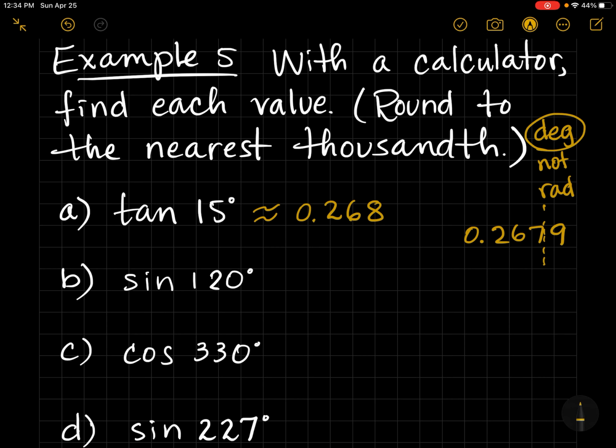So nearest thousandth, the next digit is over 5, so I round up to 8. Now the next one is the sine of 120 degrees. And we have 0.866.